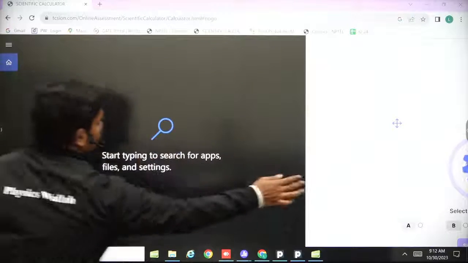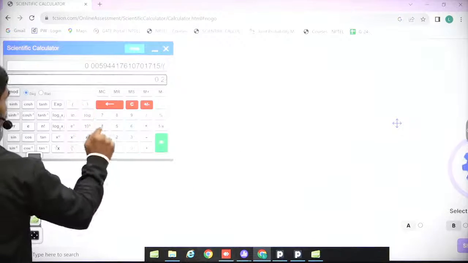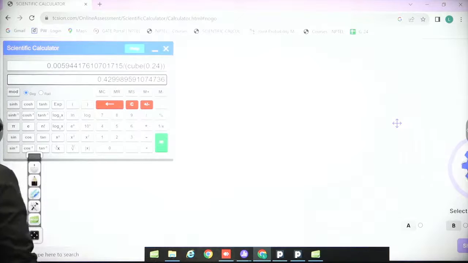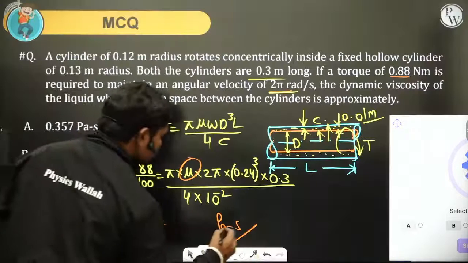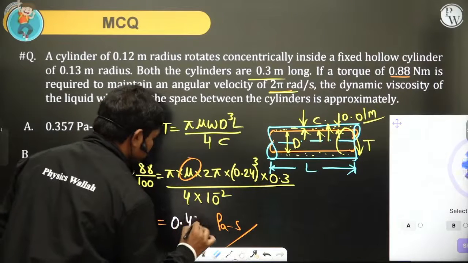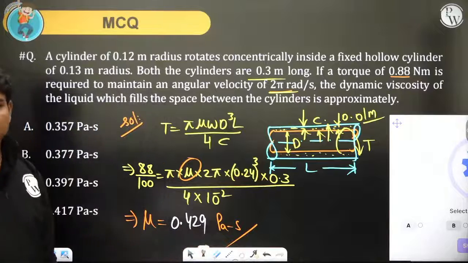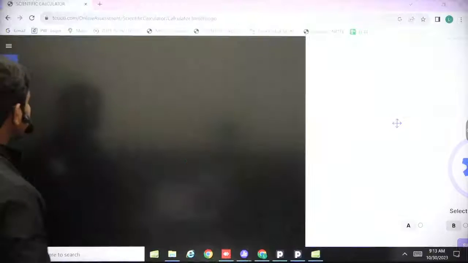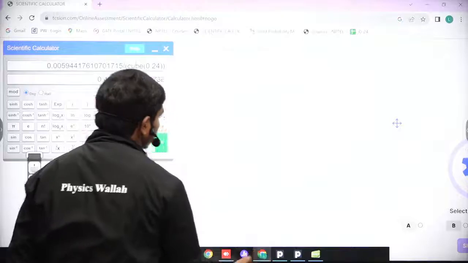So this gives you 0.4299 Pascal second, correct? Oh sorry, 0.397 is coming. Let us check the calculation once again.